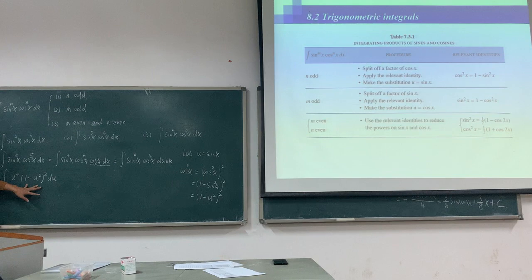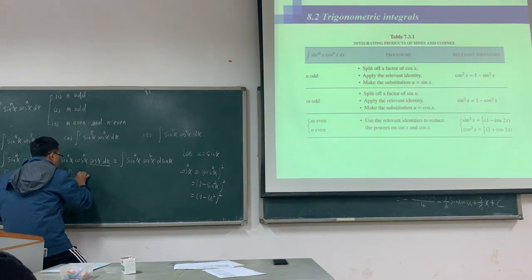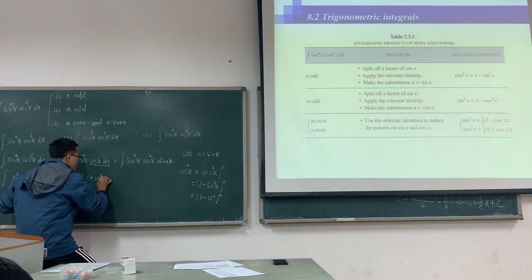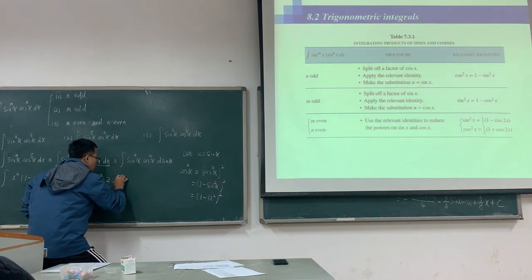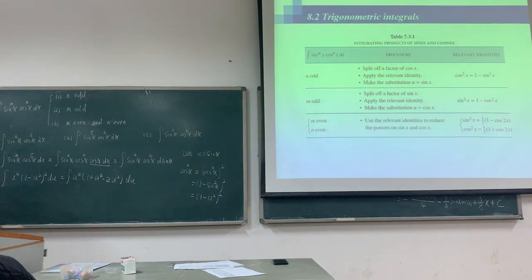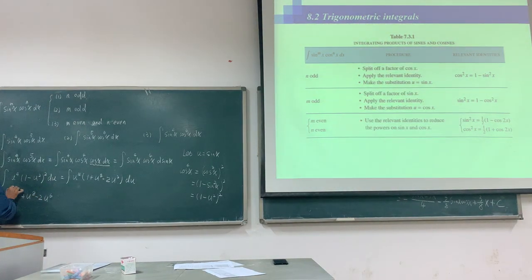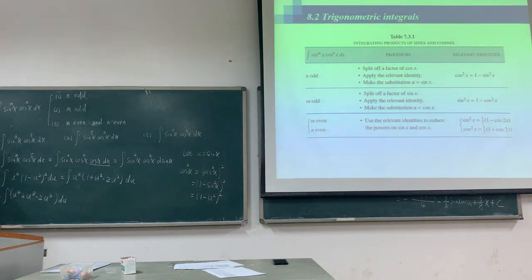So we expand it. Here is u to the 4th power times 1 plus u to the 4th power minus 2u square, du. So now we have the antiderivative of u to the 4th power plus u to the 8th power minus 2u to the 6th power, du.